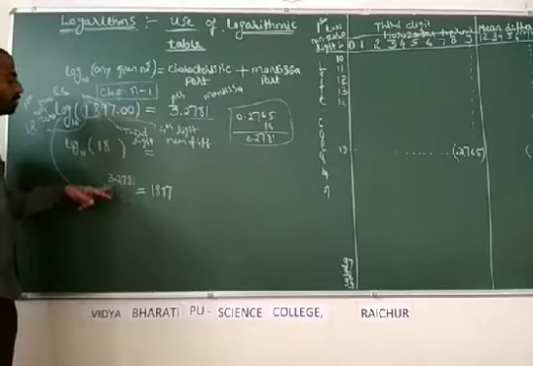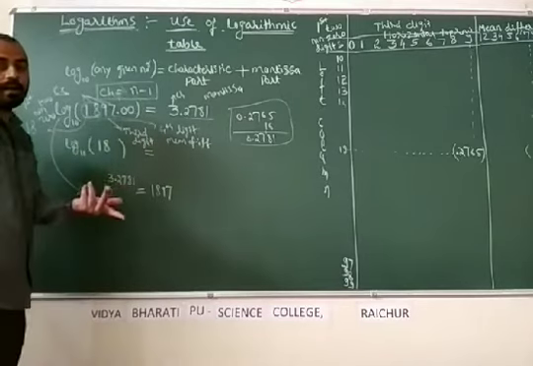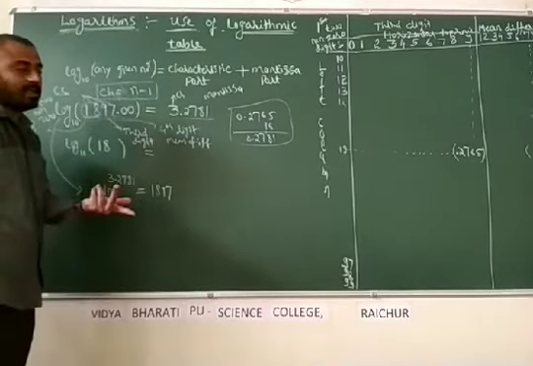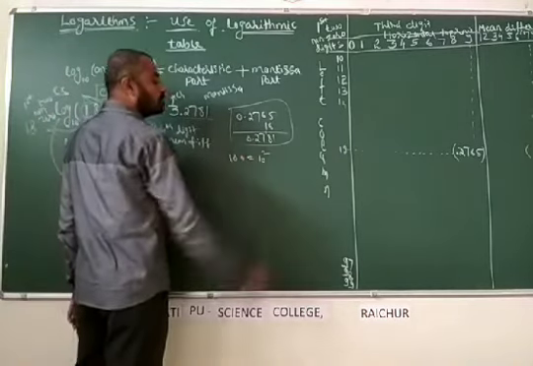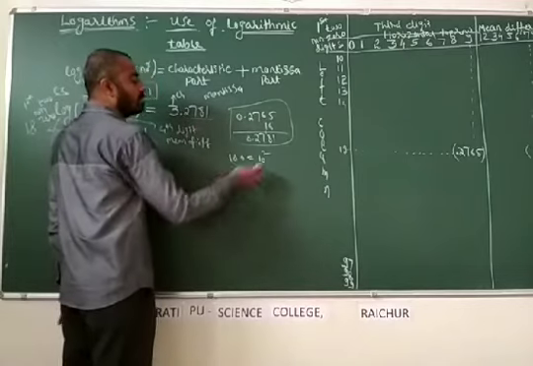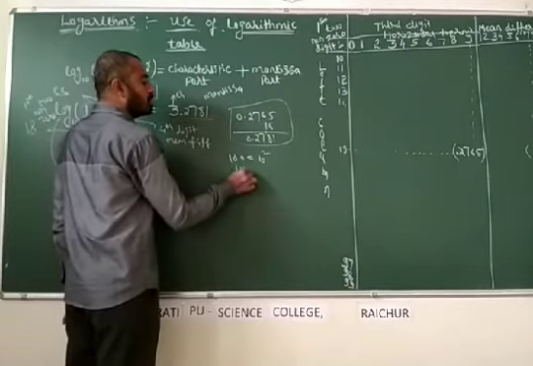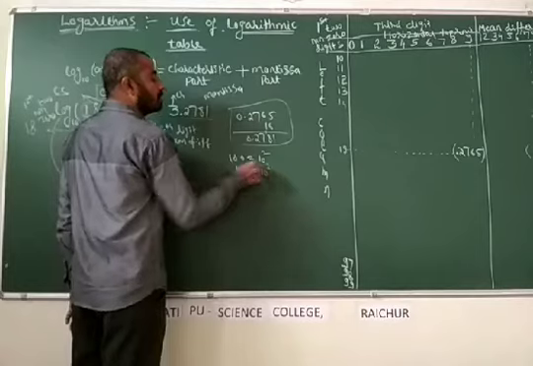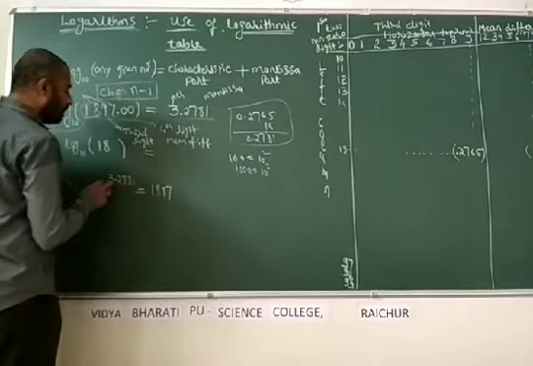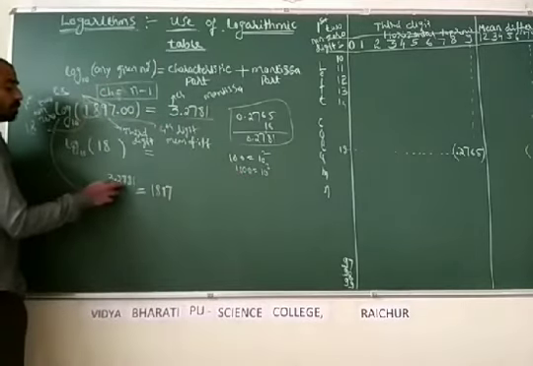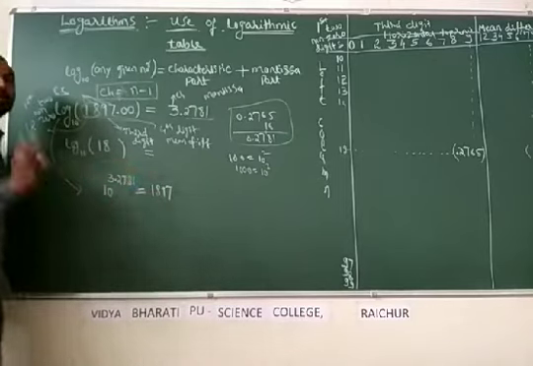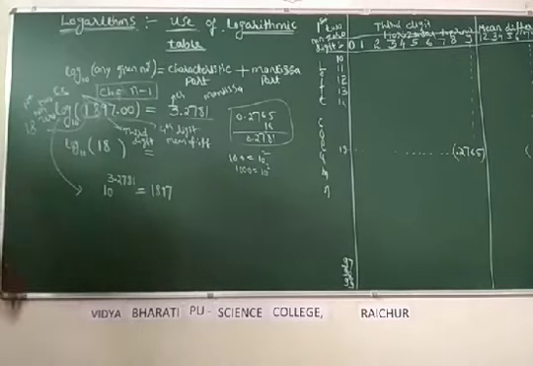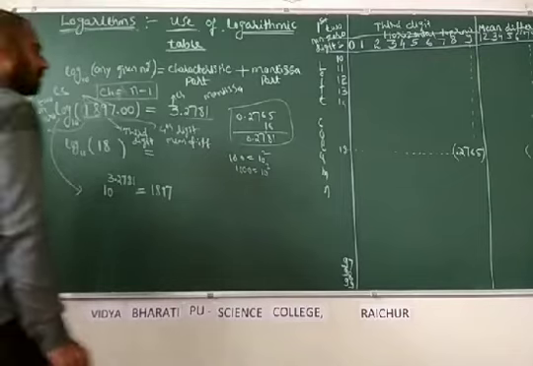When you multiply 10 two times, 10 into 10, you will get 100, so 100 is equal to 10 to the power of 2. When you multiply 10 three times, we get 1000, so 1000 is equal to 10 to the power of 3. Similarly, when you multiply 10 3.2781 times, then we will get 1897. This is how you can find the logarithmic value of any given number.